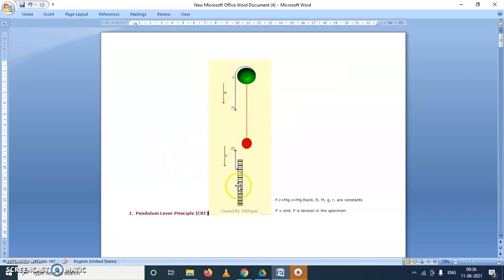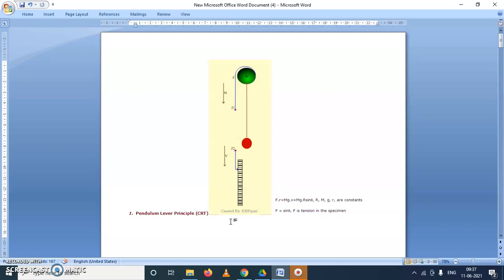Accordingly jaws are designed, and this second jaw, jaw 2, is connected to the screw mechanism, and through this the jaw is traversed down at a constant rate. So that is why this instrument comes under the CRT principle.